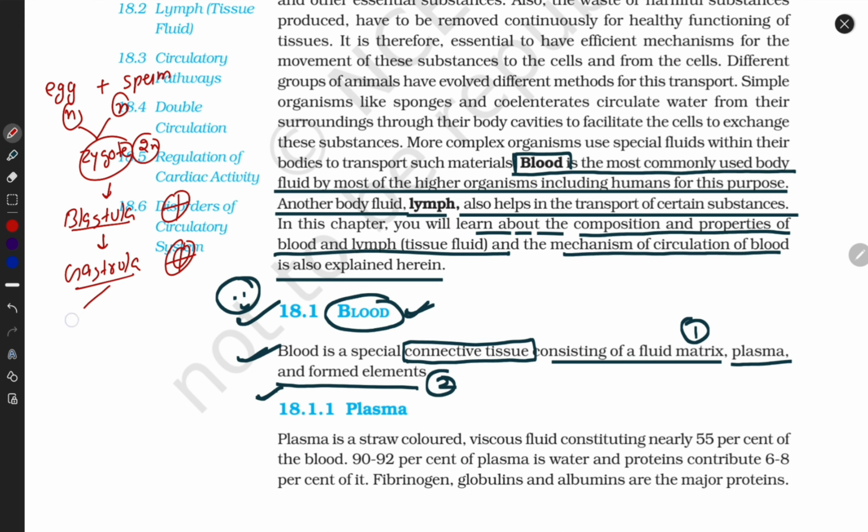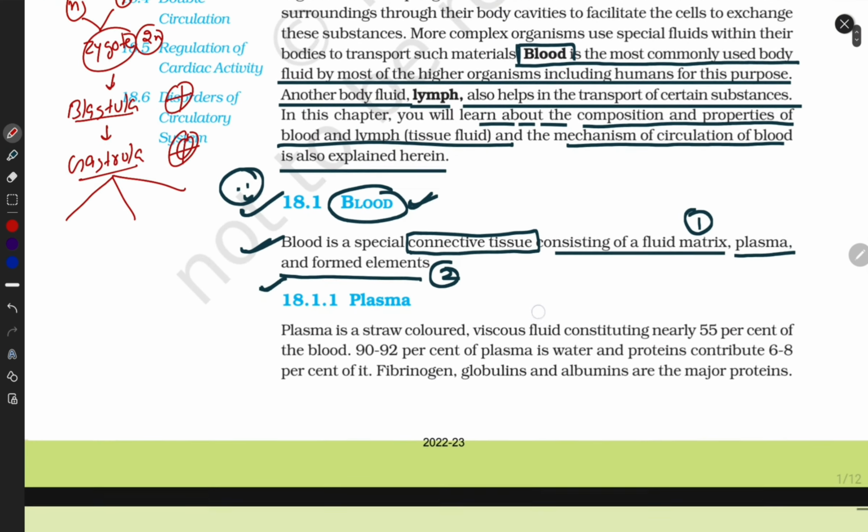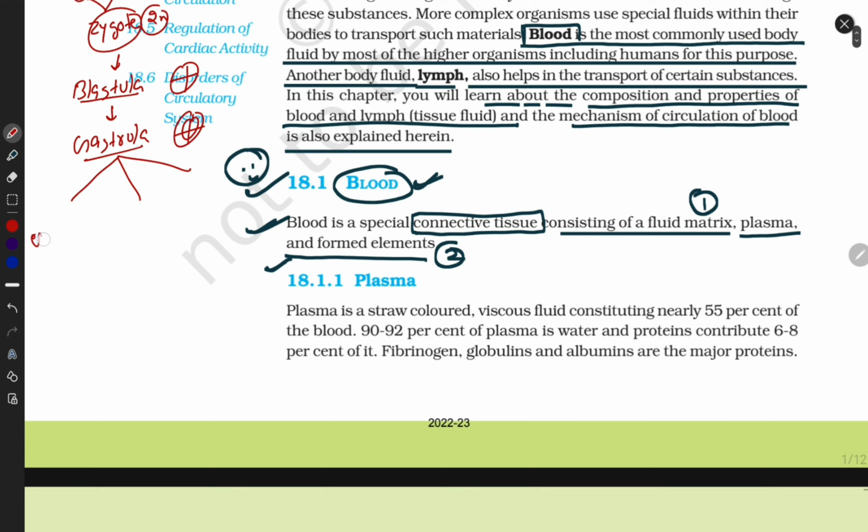In the gastrula stage, three kinds of germ layers are formed: endoderm, mesoderm, and ectoderm. This is the outermost layer, this is the innermost layer, and this is the middle layer. Blood is mesodermal in origin.